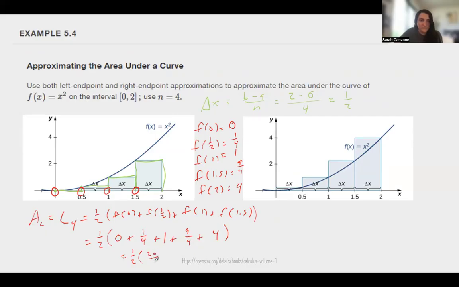So it's 20 over 4 plus 1 over 4 plus 9 over 4, which is 1/2 times 20 plus 1 is 21 plus 9 is 30. So this is 30 over 4. And I multiply across, I get 30 over 8. I may want to simplify this to the simplest fraction, but it's not necessary. So this is the value for the left endpoint approximation, 30 over 8.